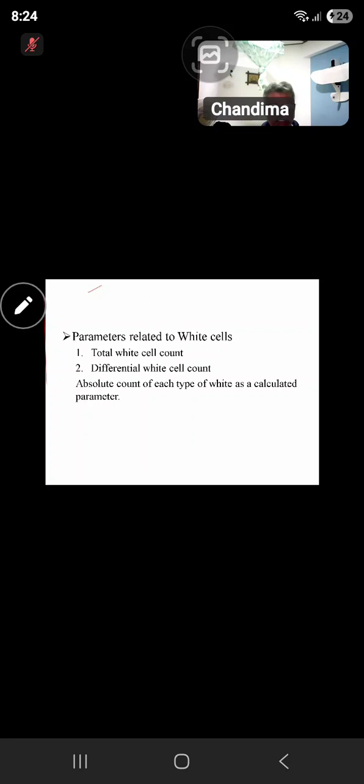Sometimes they show the patient has a higher number of WBC, they say the patient has leukocytosis. Sometimes they may say the patient has leukopenia, a low number of white cells. Sometimes they say the patient has thrombocytosis or thrombocytopenia. Sometimes they show the patient has platelet clumps, right?